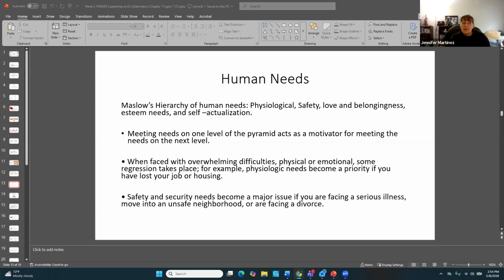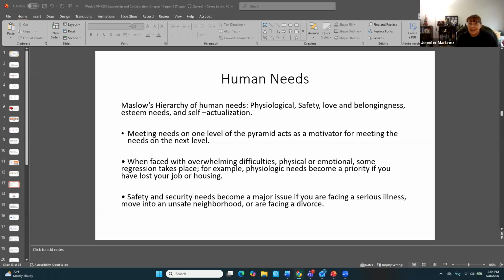When faced with overwhelming difficulties, like physical or emotional ones, some regression takes place. For example, at that bottom level, let's say you lose a job, you lose your housing, you don't have money for food, then you're going to have some regression back down that pyramid, and now we have to meet those needs, right?